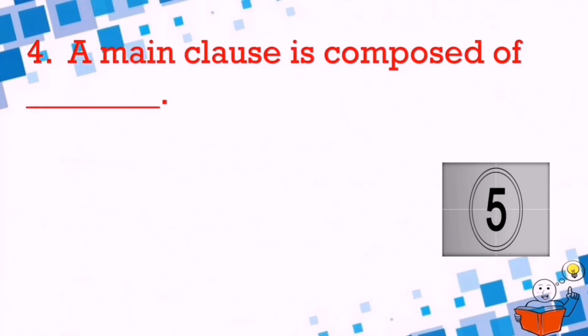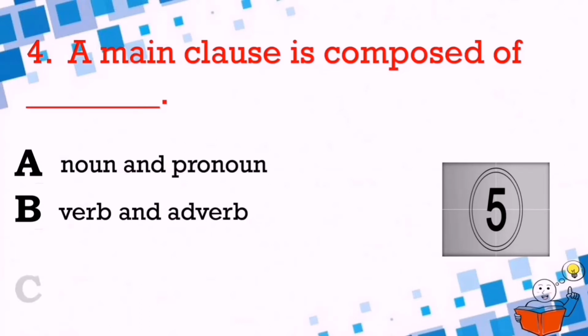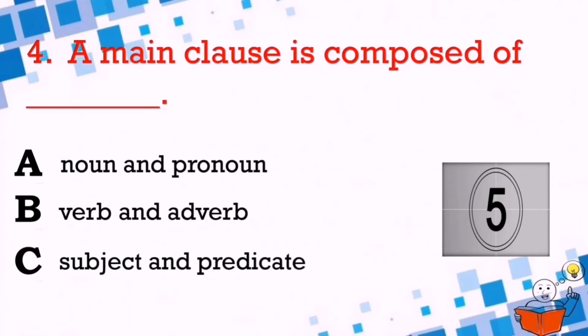A main clause is composed of blank. A. Noun and pronoun. B. Verb and adverb. Or C. Subject and predicate. The correct answer is letter C.